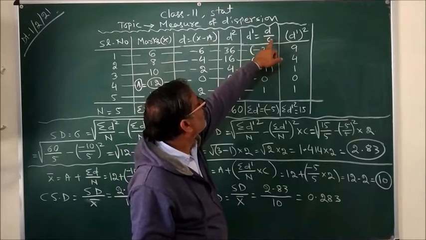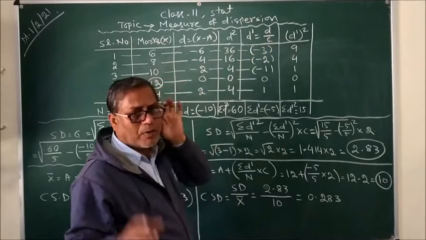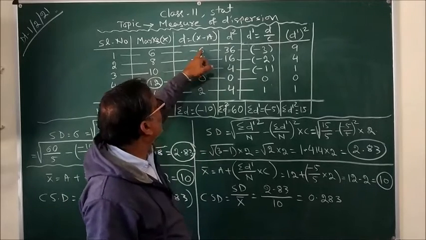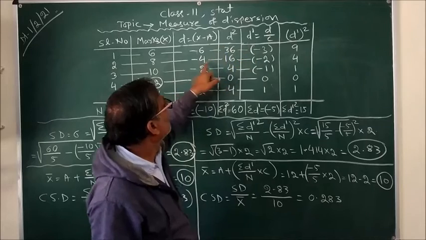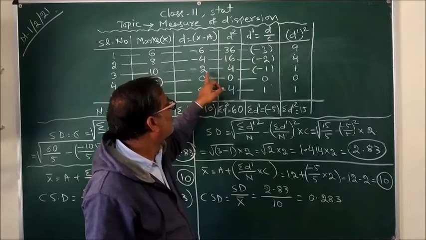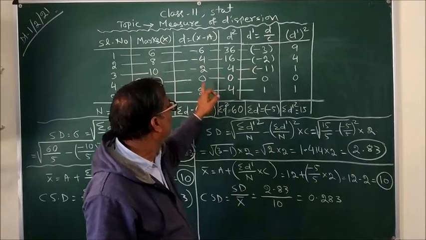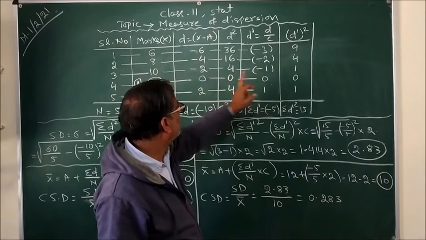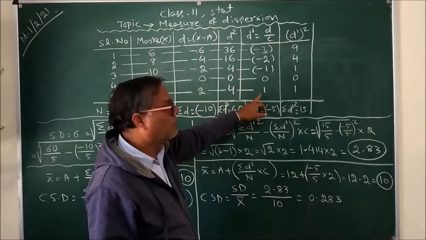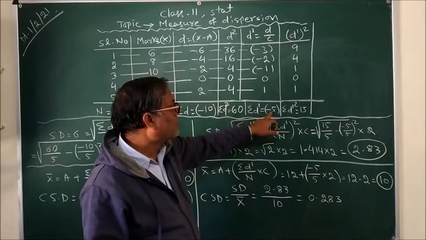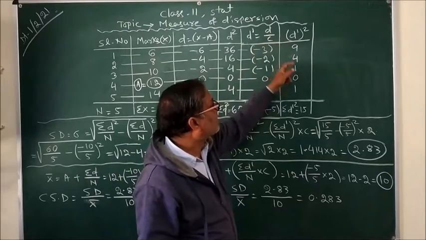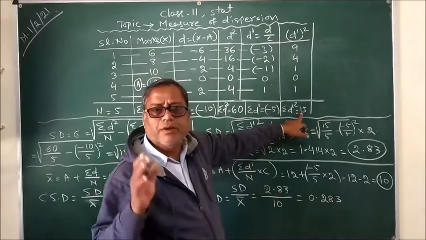That's why we have taken c equal to 2, and we divided all values of d by 2. So minus 6 by 2 equals minus 3, minus 4 by 2 equals minus 2, minus 2 by 2 equals minus 1, 0 by 2 is 0, and 2 by 2 equals 1. And we need to find summation d dash, that is minus 5, and summation d dash square, that is 15.